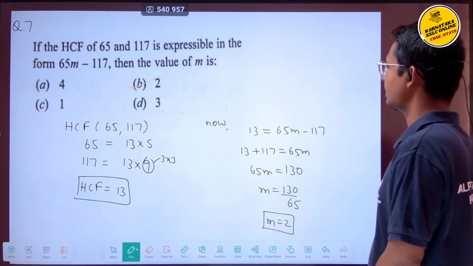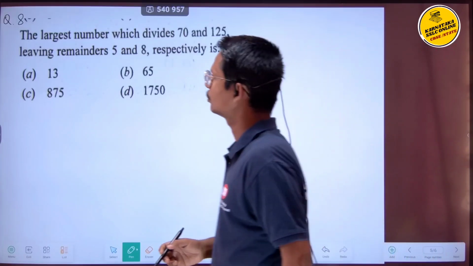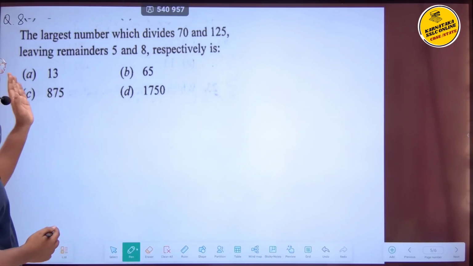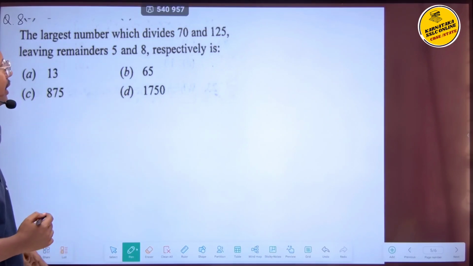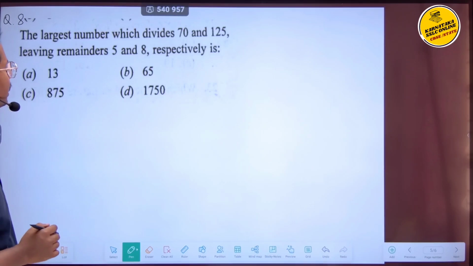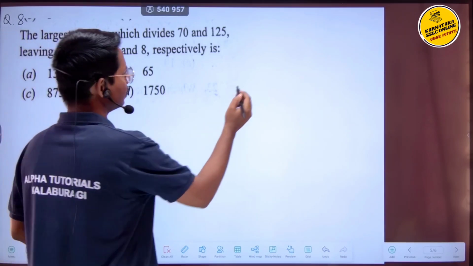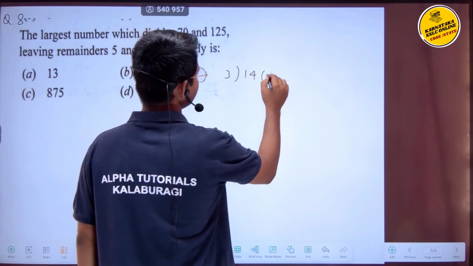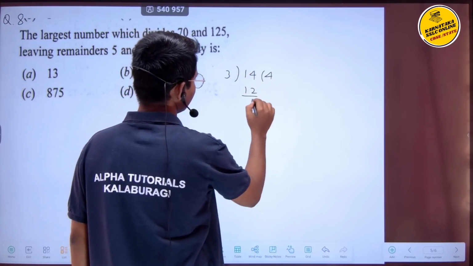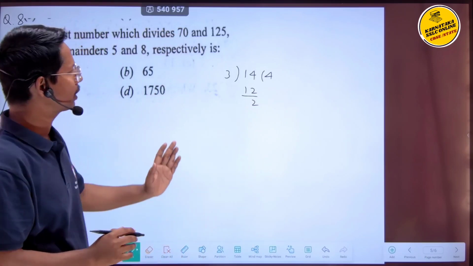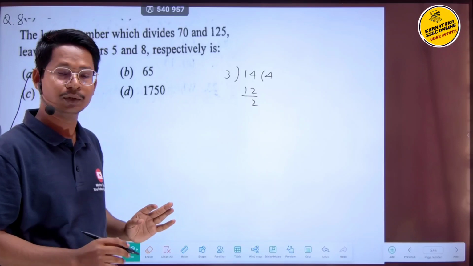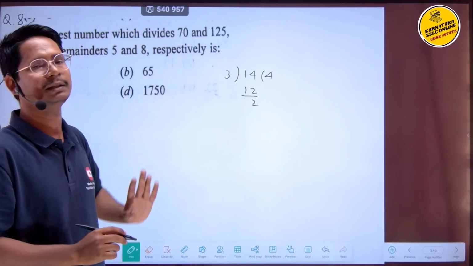Next one. Again important. The largest number which divides 70 and 125, leaving remainders 5 and 8 respectively. I'll give you an example. You take 14 and divide this by 3. 3 4s you'll get 12, remainder 2. Now what change can you make to 14 so that the number is divisible by 3?